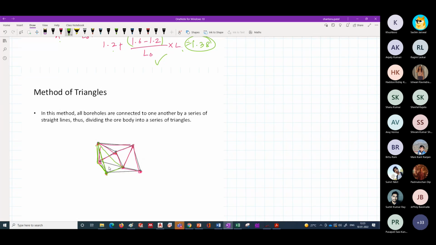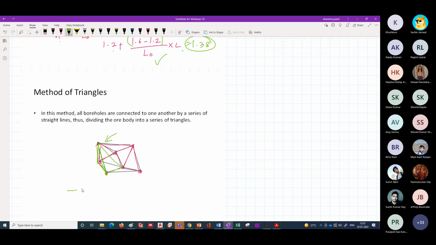Anybody? Yes, sir, but maybe we are connecting the nearest points, I guess. Yeah, so the rule says try to make it as equilateral as possible. Okay, so we will have different quantities measured in the two cases.